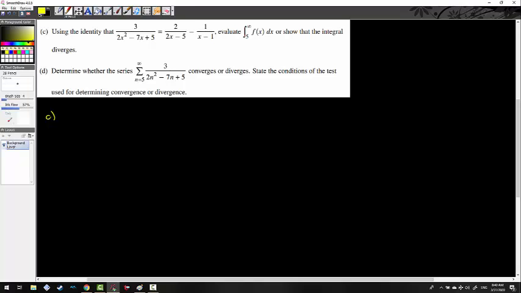So, an improper integral will be the limit as k goes to infinity of the integral from 5 to k of 2 over 2x minus 5 minus 1 over x minus 1 dx. Pretty simple integral. This guy on the right side here is going to go to ln of x minus 1.